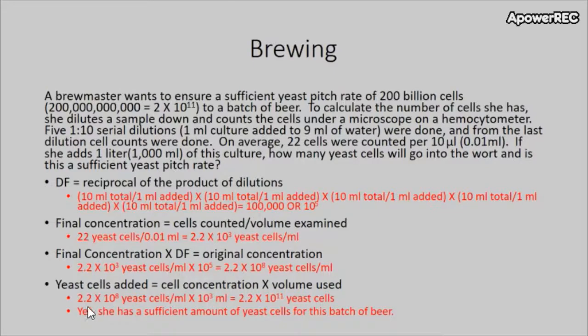So let's take our concentration, 2.2 times 10 to the 8th yeast cells per mil, multiply it by 1,000, or 10 to the 3rd, and if we add those two exponents together, we get 2.2 times 10 to the 11th yeast cells. We needed 2 times 10 to the 11th yeast cells to have a sufficient pitch. So we have plenty of extra yeast cells, and we did meet our quota.